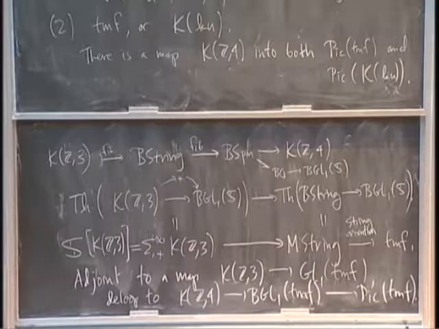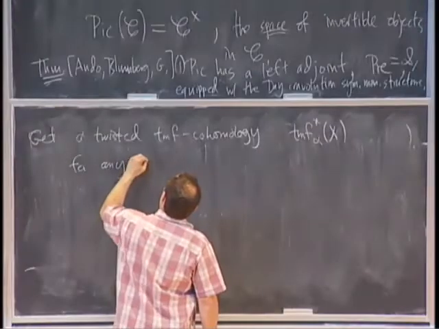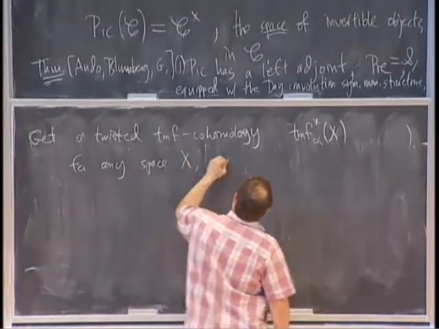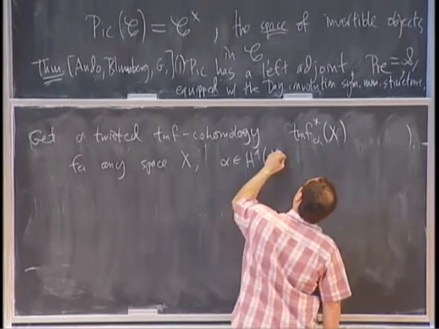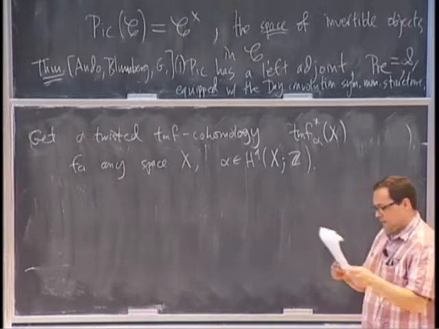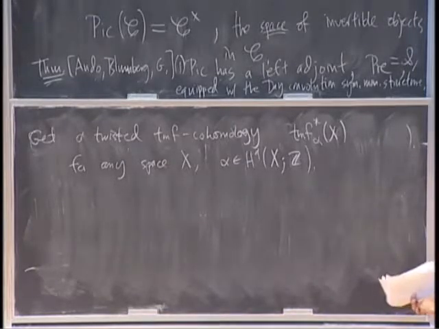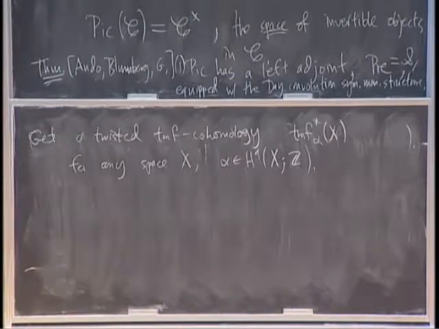So I get a twisted TMF cohomology, TMF star alpha of X, for any space X and alpha in H4 of X with coefficients in Z. And we have this other theory here, which I also claim admits a map from KZ4.